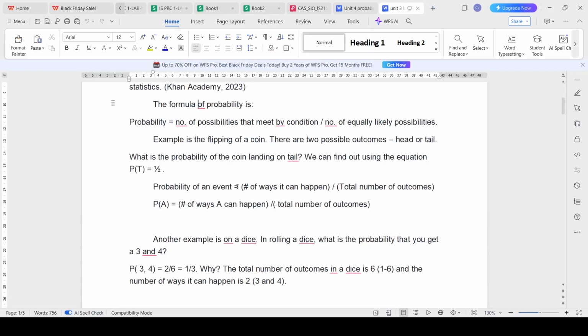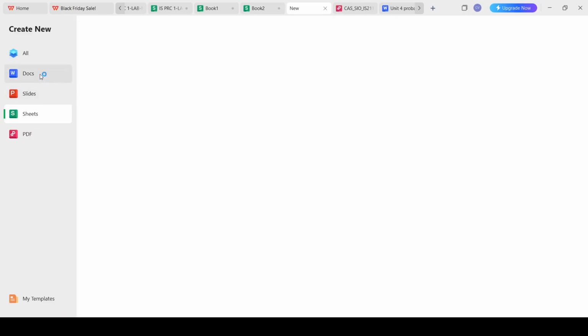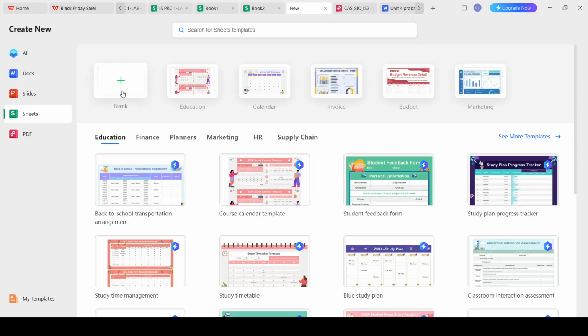Okay, for your activity, I want you to write the probability. Let's have a new folder, a blank sheet.